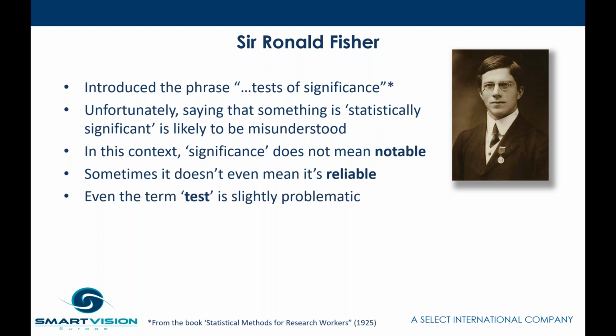So it's an issue. The last thing is even the term test is problematic. When we think about the term test, we think about a pregnancy test or a coronavirus test, or even like a smoke detector or something like that. And tests of significance are troublesome, because what we're ending up with is really an estimate, an estimated value that tells us how likely something is to occur, if you like.